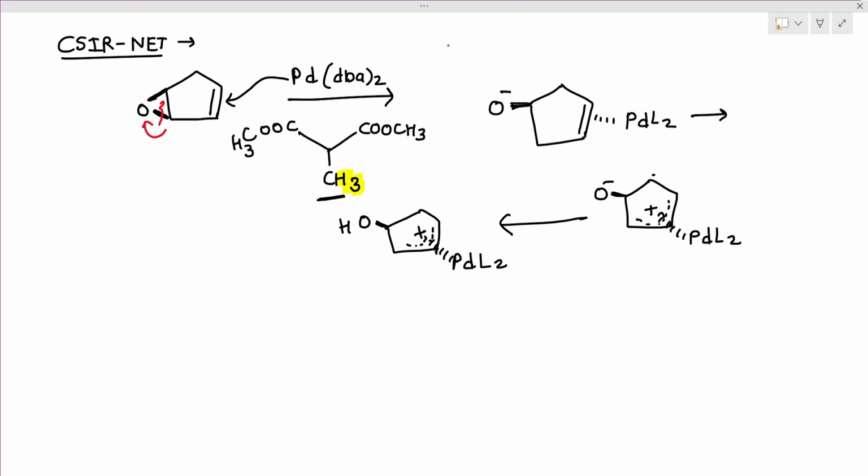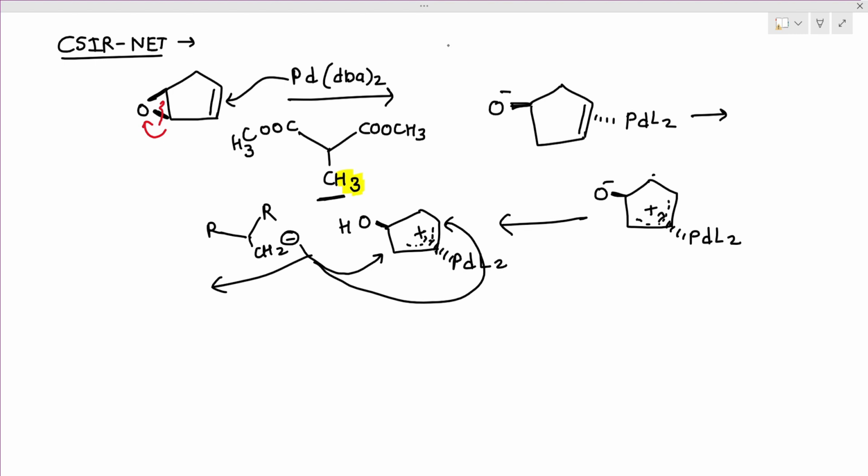Now your nucleophile, suppose these are R groups, this is R group, this is R group, and this is CH2 minus. So this will attack either from this side or from this side.